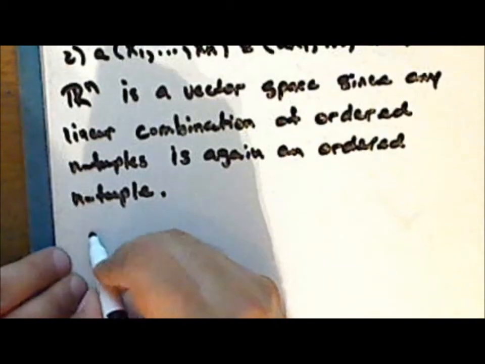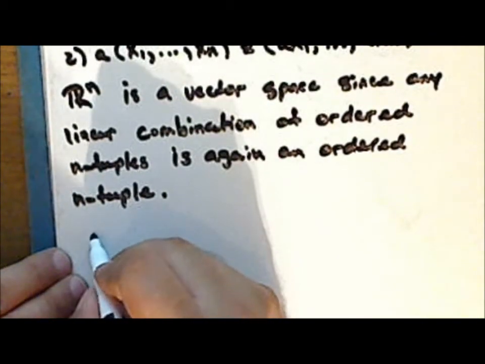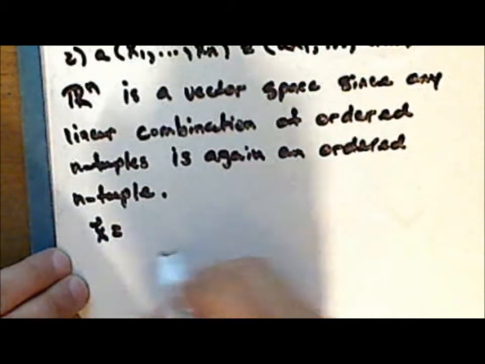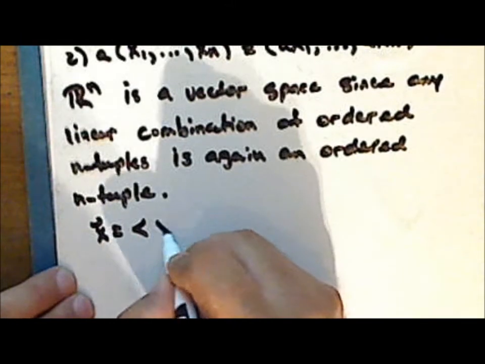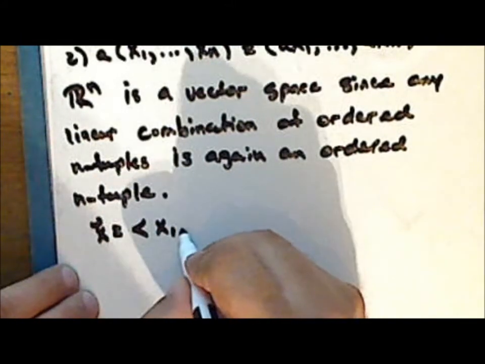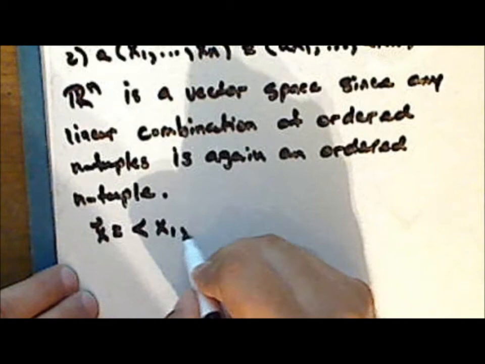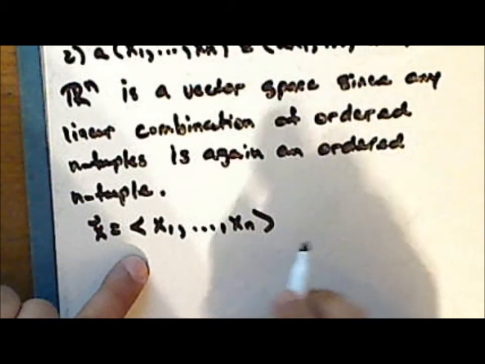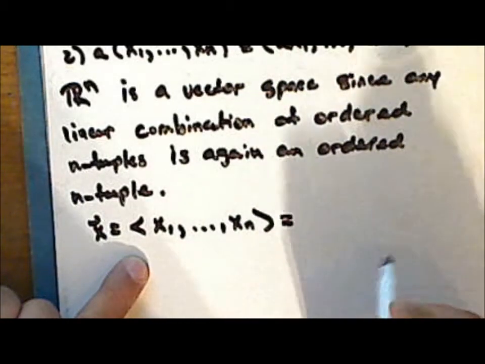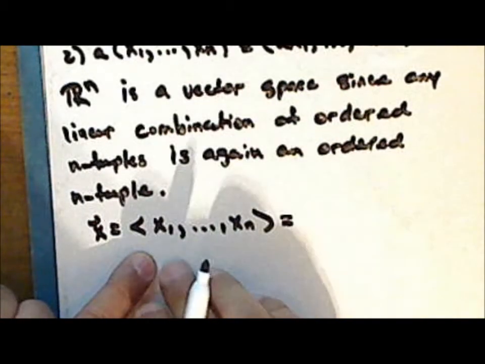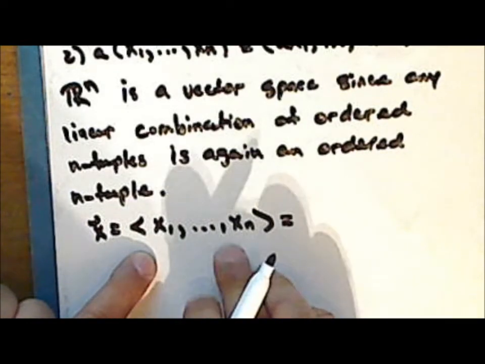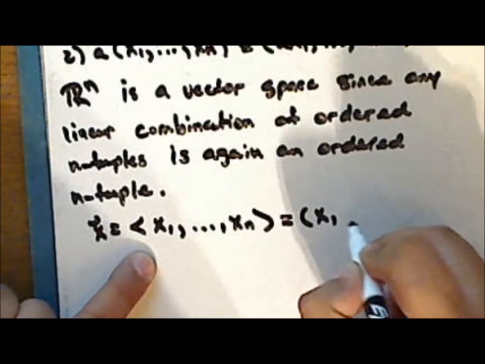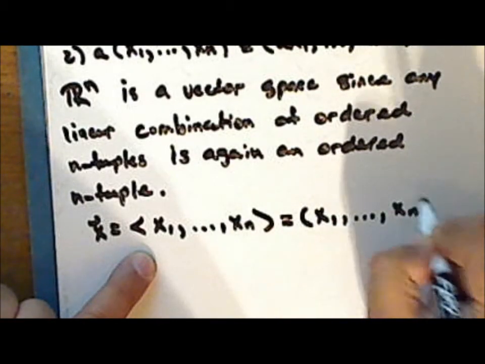So, earlier in the lecture, we made the distinction in that a vector x is a vector whose components are the components x sub 1 through x sub n. But we can now see that we no longer need to make a distinction, and that the vector with components x sub 1 through x sub n is essentially the same as the ordered n-tuple itself with coordinates x sub 1 through x sub n.